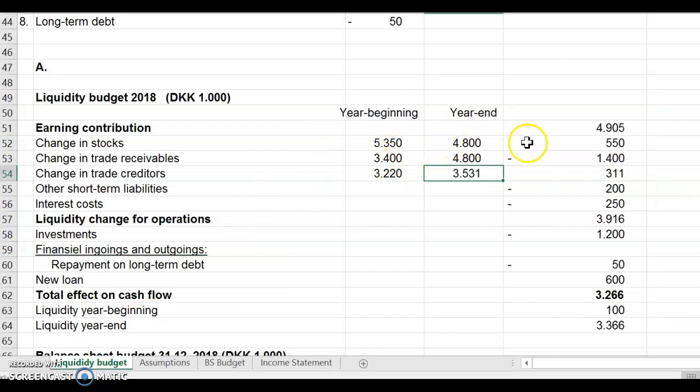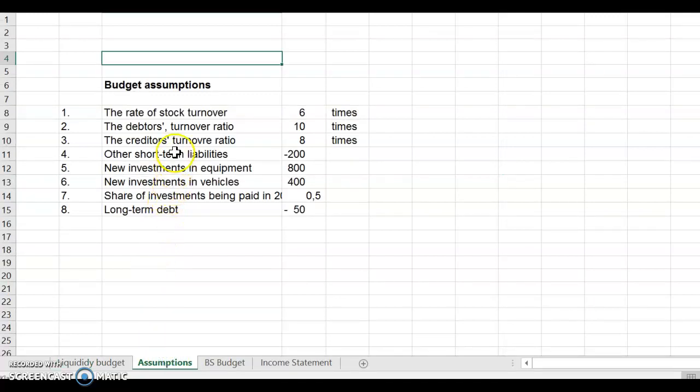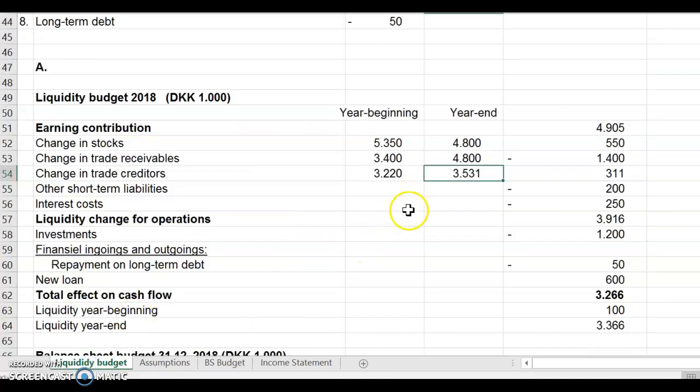You can see the stock decreased by 550, so we don't have to buy all 28,800. So we deduct these 550 from 28,800, and then we divide by the turnover ratio for creditors. It's 8 times, and then we end up with this 3,531.